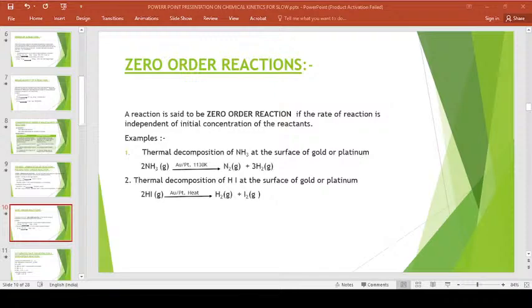So it will be only time inverse. So k equal to time inverse. Don't forget, k equal to time inverse.